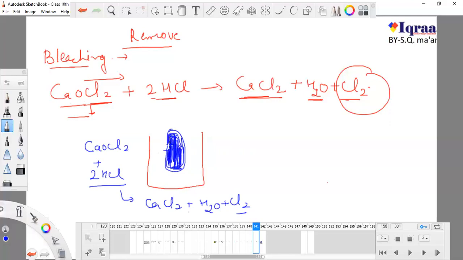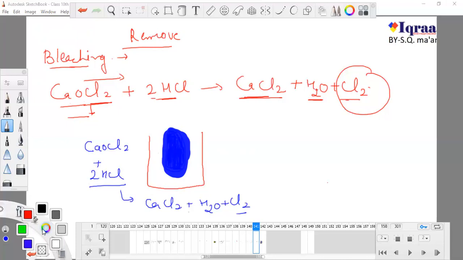So I'm going to tell you what exactly this bleaching powder will do. This is anything which contains color. Now I'm doing this reaction, and I put patches of CaCl2 and 2HCl on this cloth, and as Cl2 is released and passes through some places on this cloth, the color will change.